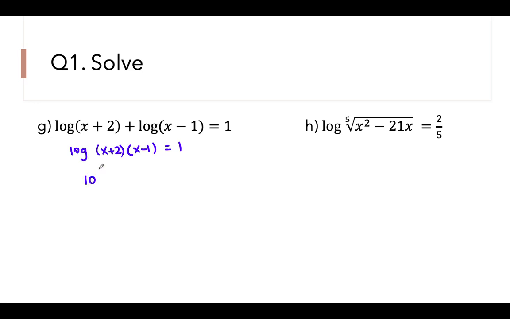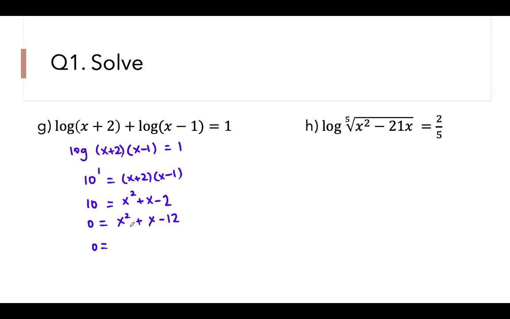So 10 to the 1 is equal to x plus 2, x minus 1. So do FOIL and collect the like terms. So 10 equals x squared plus x minus 2. And I'm going to move 10 to the other side. So 0 is equal to x squared plus x minus 12.